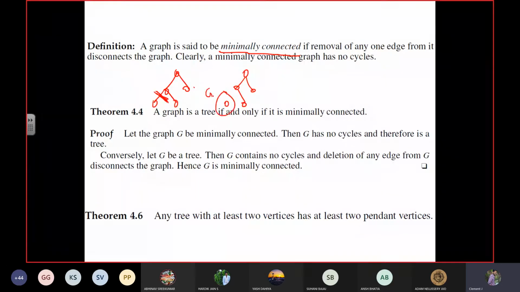This is one component G1, and these other 4 vertices can be considered another component G2. So in your graph, if you remove any edge, it behaves as 2 components after removal. Then such a graph is called a minimally connected graph.